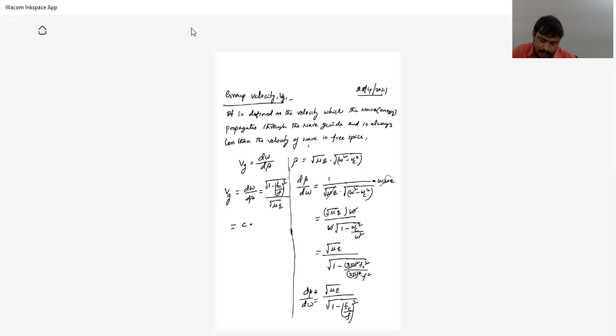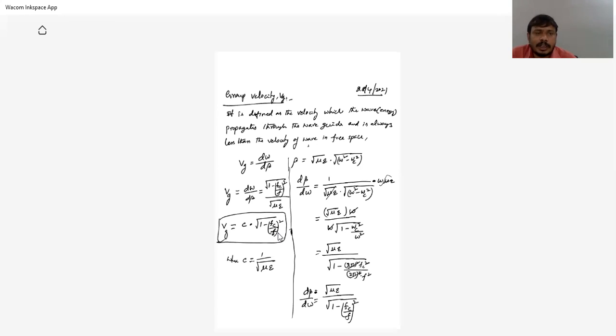So you can write c into root 1 minus fc by f whole square. So this is Vg, where c is equal to 1 by root mu epsilon. Now this is the group velocity. We are expressing it in terms of root 1 minus fc by f whole square.